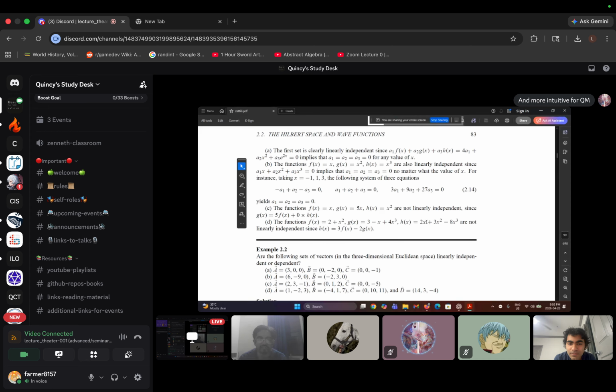Next: are the following sets of vectors in 3D Euclidean space linearly independent or dependent? You guys want to do this? This is just going to be row reduction, right?